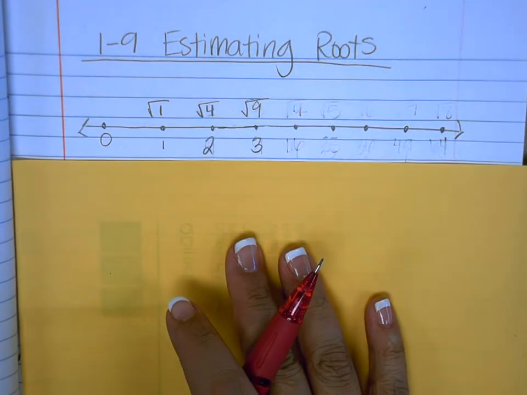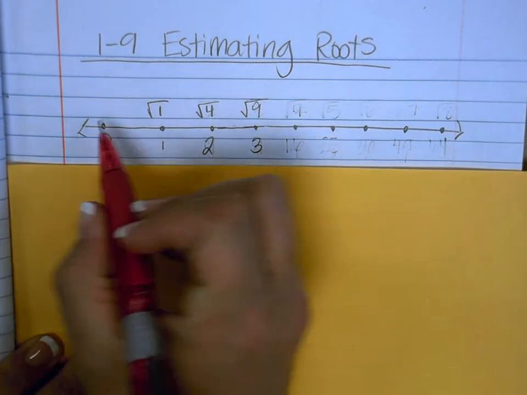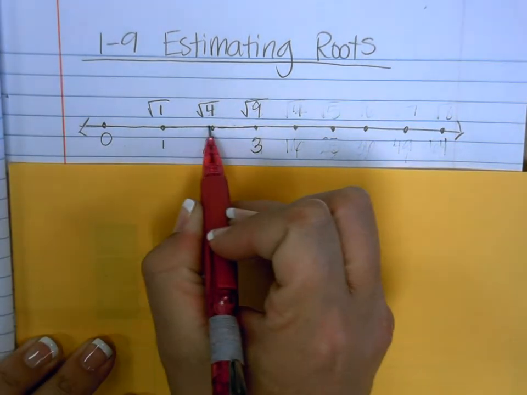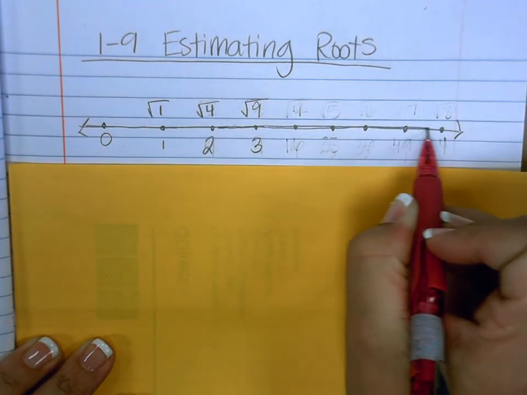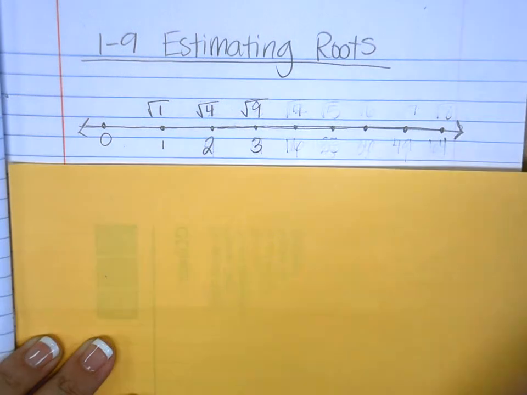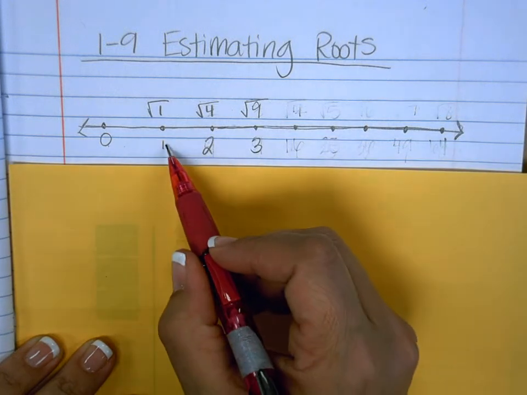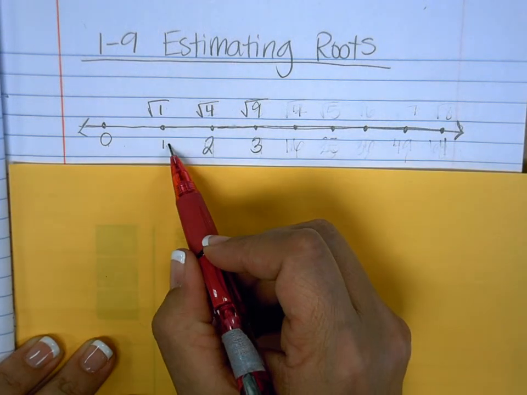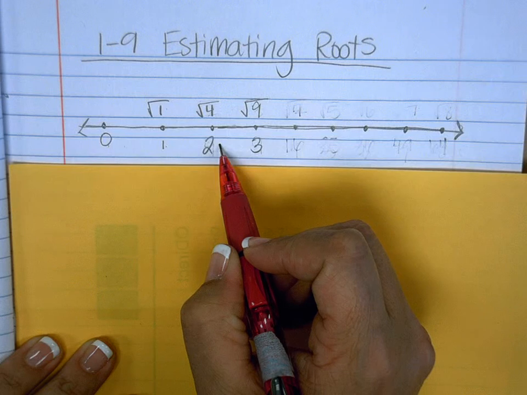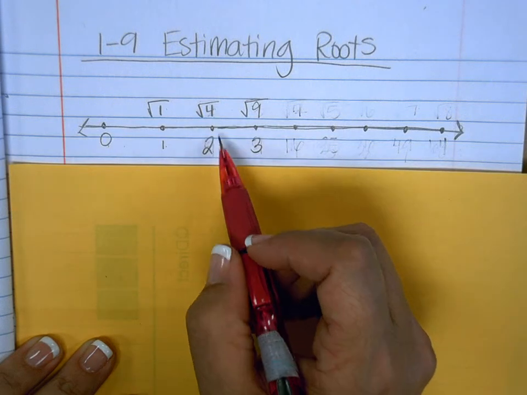Okay? So if we have a number line, draw a little number line. We're going to look at square roots first. We're not going to go all the way out here because you guys already have some of them. At 0, you don't really need 0. But at 1, the square root of 1 equals 1. At 2, the square root of 4 equals 2. At 3, the square root of 9.